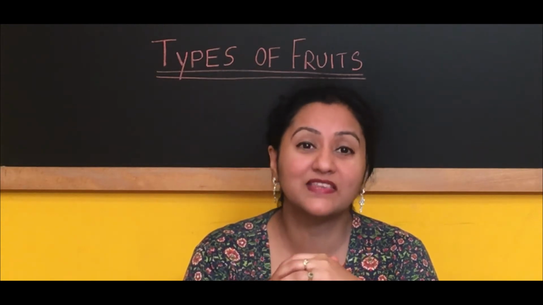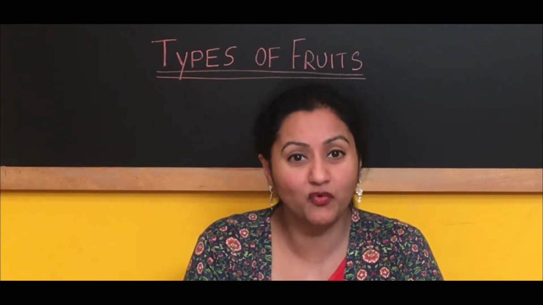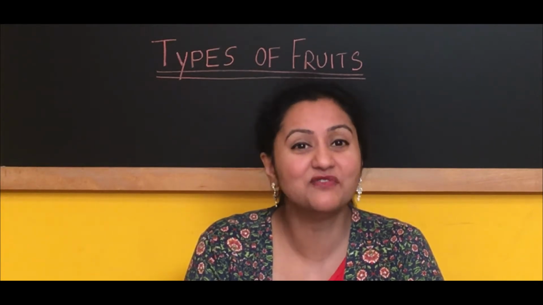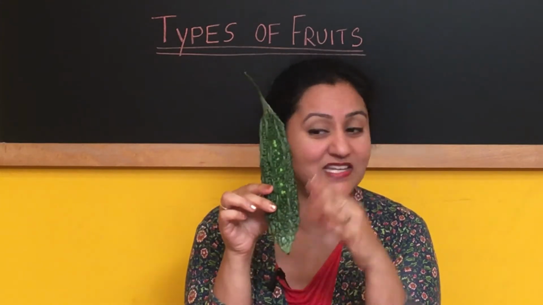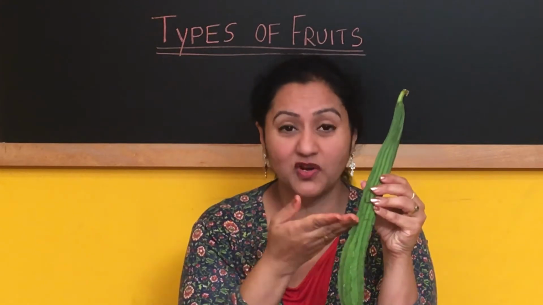We should know the definition of a fruit. Scientifically speaking, a ripened ovary that has seeds inside is called a fruit. A bitter gourd, if you cut open, you can see seeds inside, and this is the ripened ovary. Ridge gourd, if you cut open, you can see seeds inside, and this is the ripened ovary.